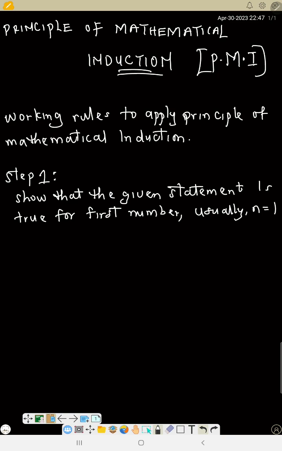So the step 1 is, if you see any question on proof by mathematical induction, you first test the first number, that is when n is 1. That will be the first step. So you will see this in the next video, how we can use it to solve questions, to prove an already proved equation.